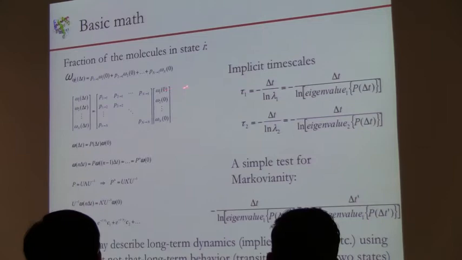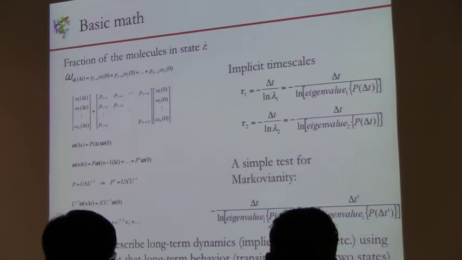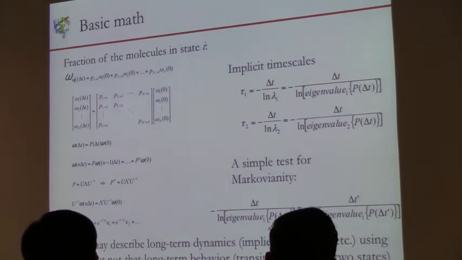So we can write similar equations for the fractions in all states in the system. This is a nice, simple representation. Then we can rewrite it in a compact form in terms of a vector of fractions, or concentrations, of different states, and we use here the transition matrix.